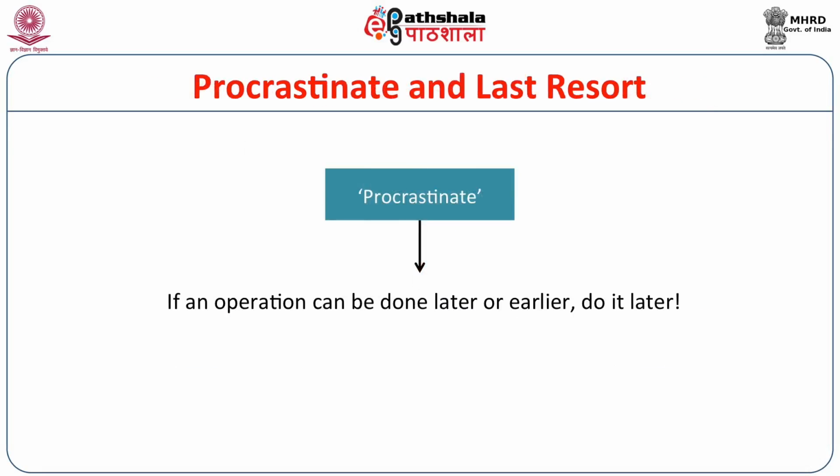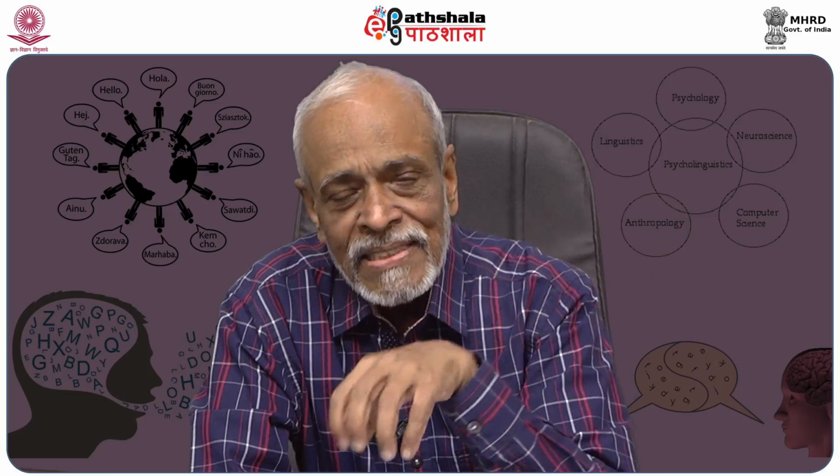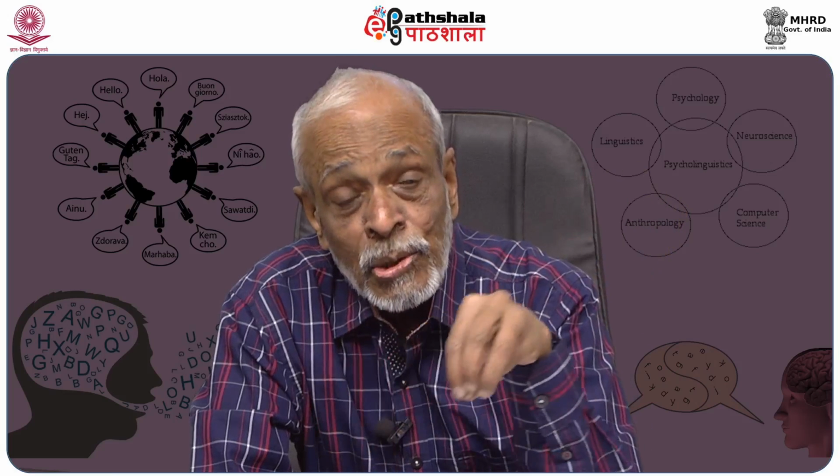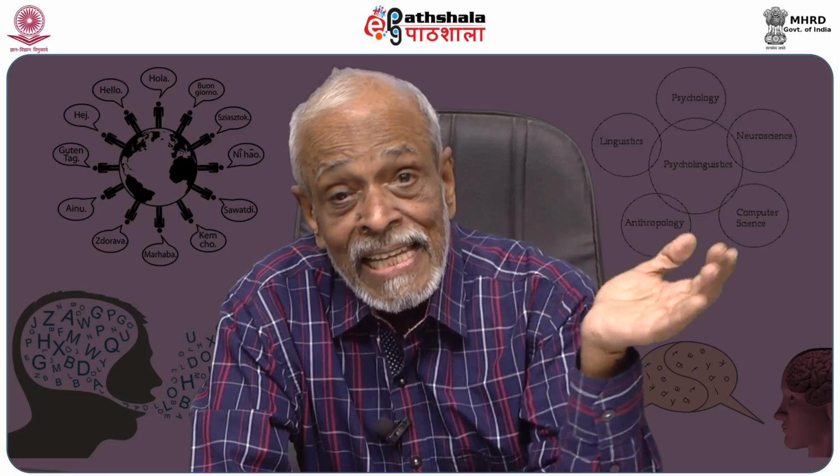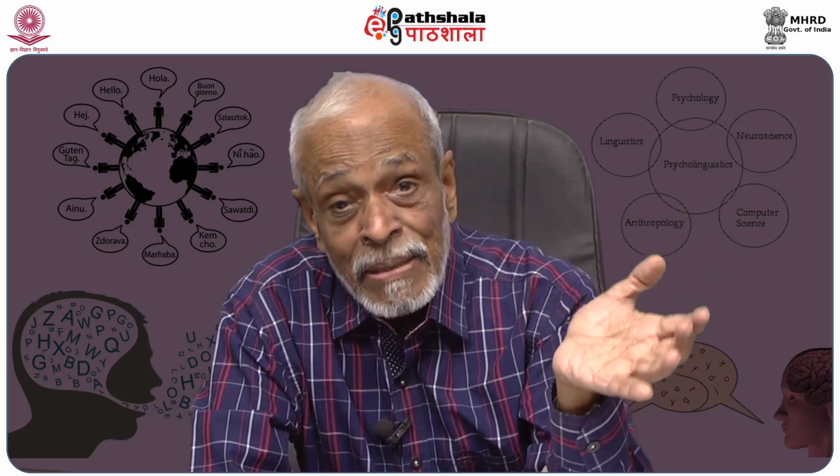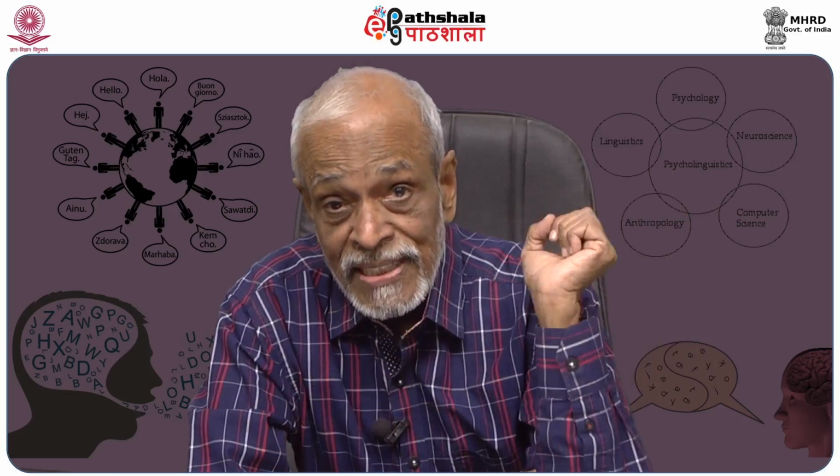Procrastinate says, if you can do an operation, for example a movement, later or earlier, do it later. For example, a WH phrase has to go to spec of C in the LF component for interpreting the scope of the WH phrase.